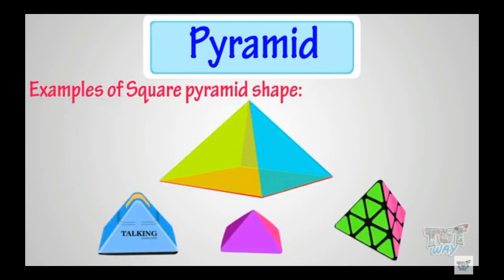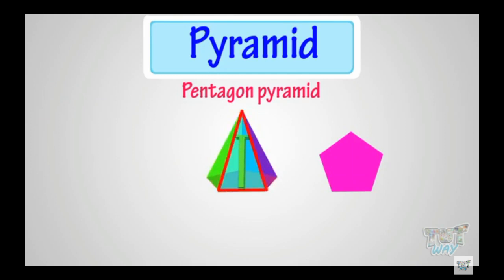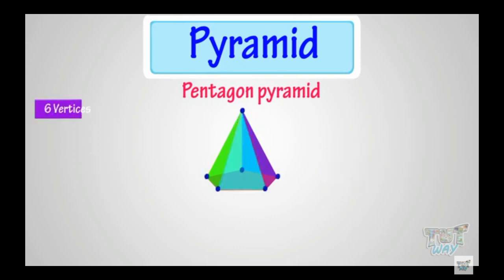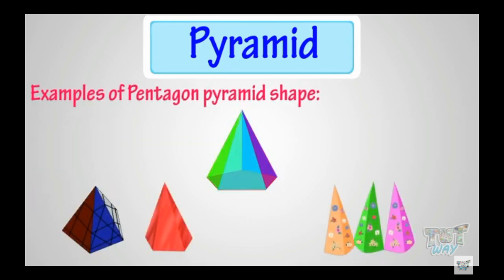Now, this is a pentagonal pyramid, because its base is a pentagon and all other faces are triangles and converge to a single point. It has 6 vertices, 10 edges, and 6 faces.